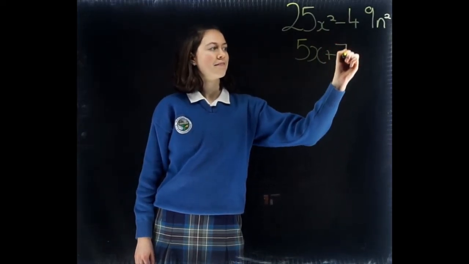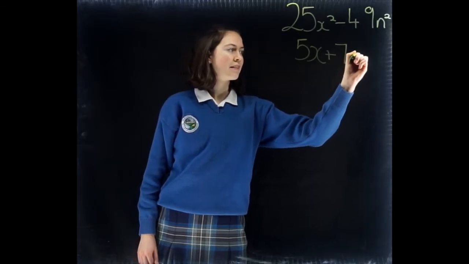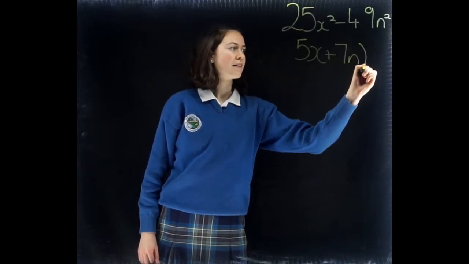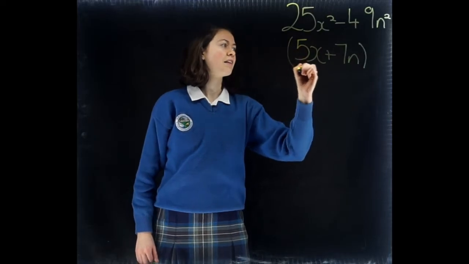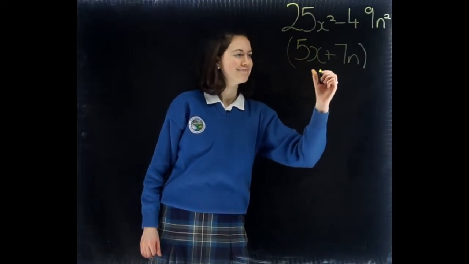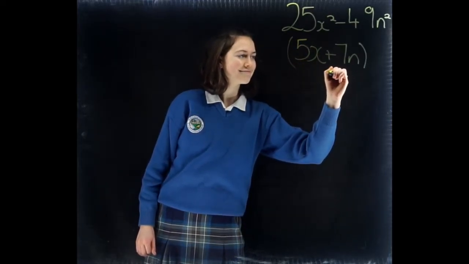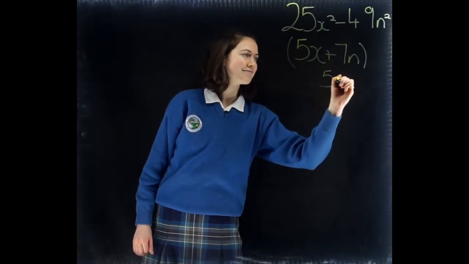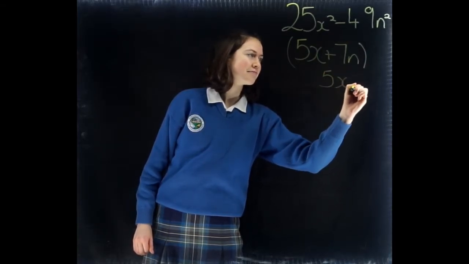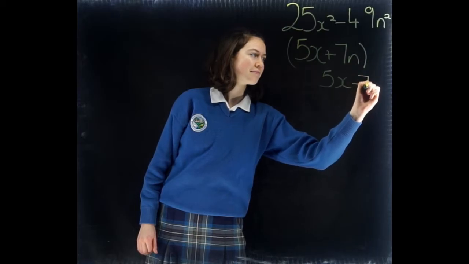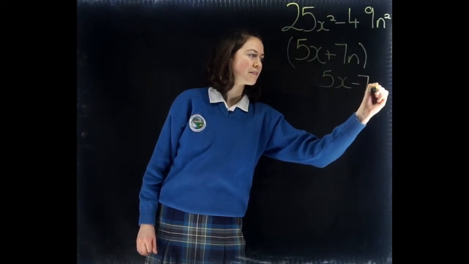You then find the square root of 49n squared, which is 7n. So you then write that out into 2 brackets, one bracket with a plus and one bracket with a minus, because then once you multiply them together again, you should end up with the original expression.